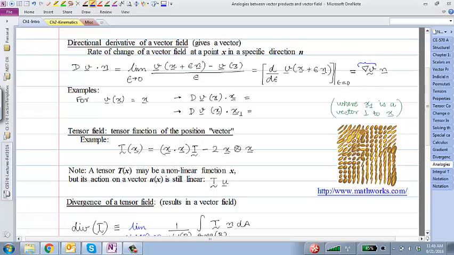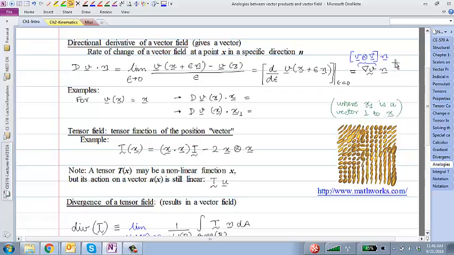If you remember, we said this was the gradient of the vector field acting on n. This is a tensor, that's why I have a tilde under this, and that tensor is going to act on n to give me the directional derivative of a vector field.